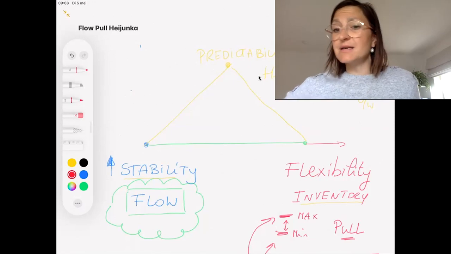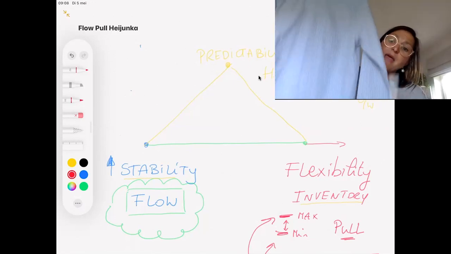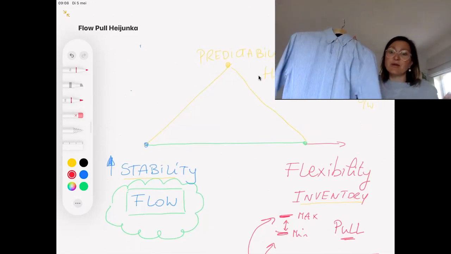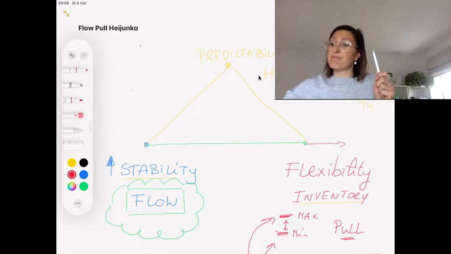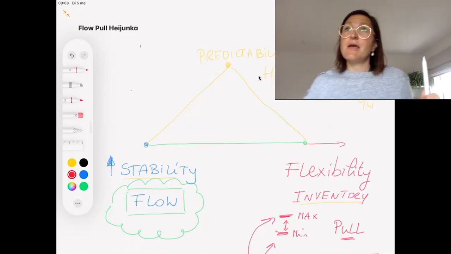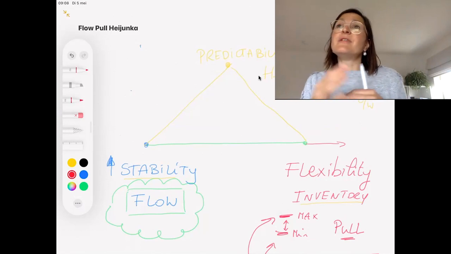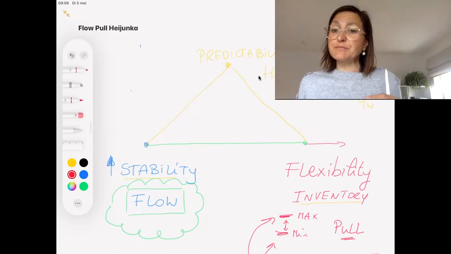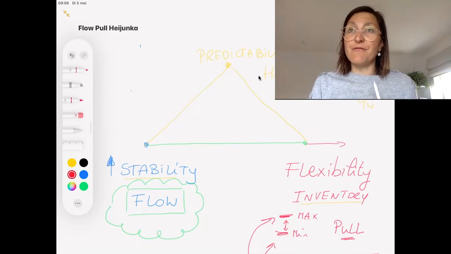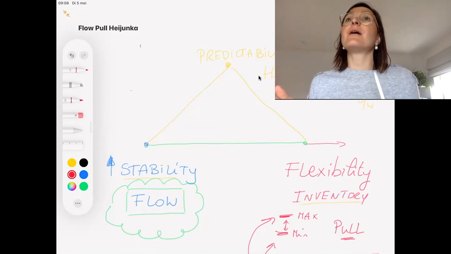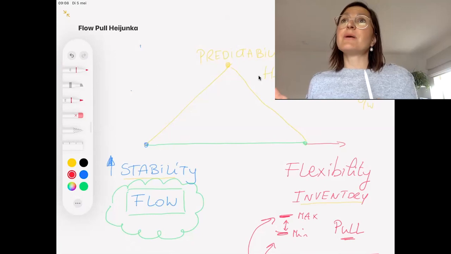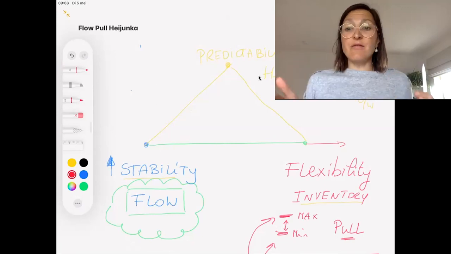If I go back to my example with the shirts, right? And I think of my shirts, but I also think of all the other stuff I need to wash. There are a lot of different types of products I have. And the variation of predictability is very different. For example, I look at underwear, right?